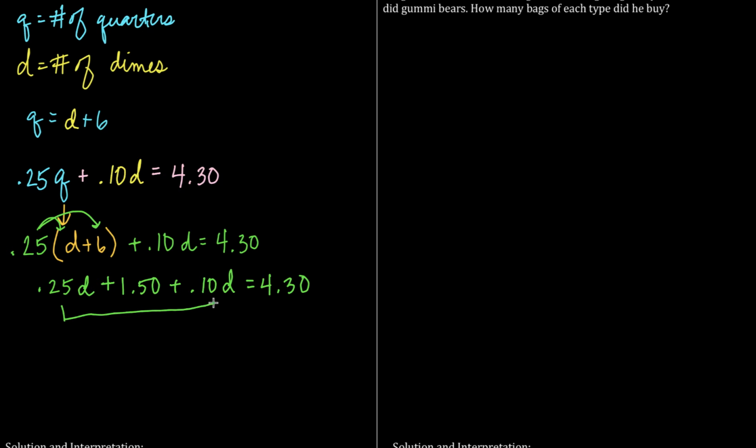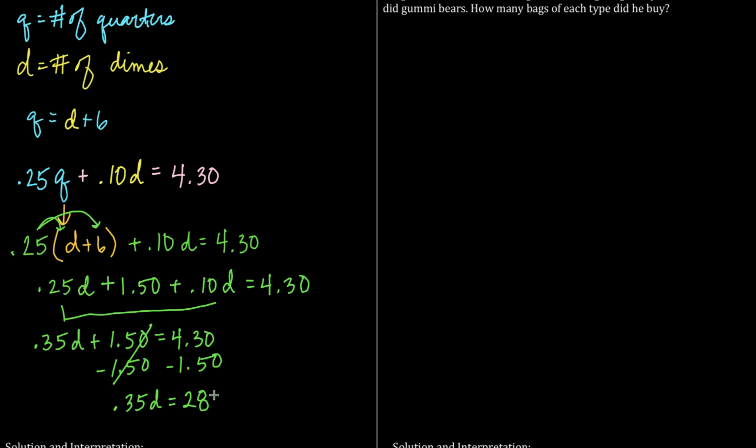So let's combine like terms. 0.25 D plus 0.10 D is 0.35 D plus 1.50 equals 4.30. This is when I start solving for D. So 0.35 D equals 280. Let's make sure. Yeah, it should be 280.